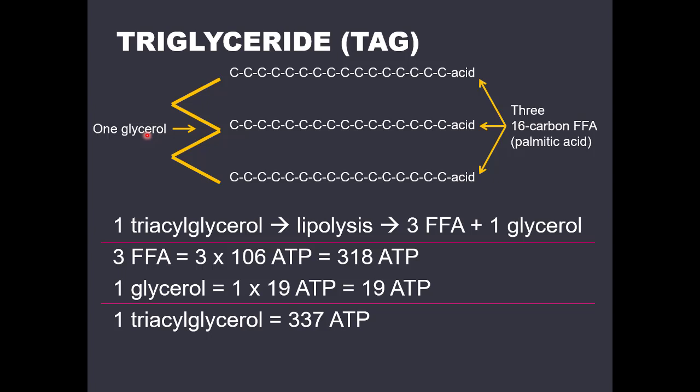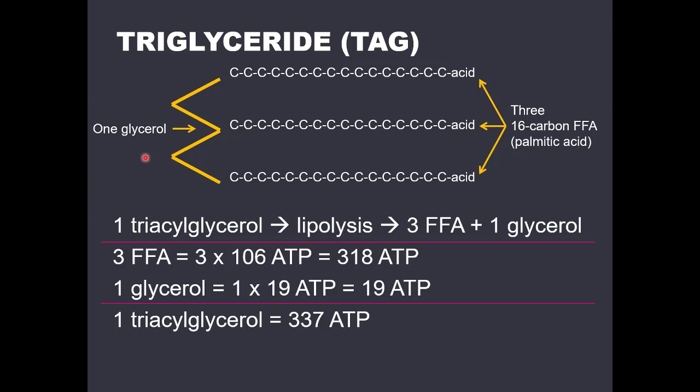So fat catabolism is called lipolysis. Lysis referring to breakdown or catabolism of a large molecule, in this case a TAG, and lipo referring to fat. The fat molecule here is the TAG. So lipolysis is simply the breakdown of the TAG, freeing up the fatty acids, thus becoming free fatty acids, and the one glycerol.